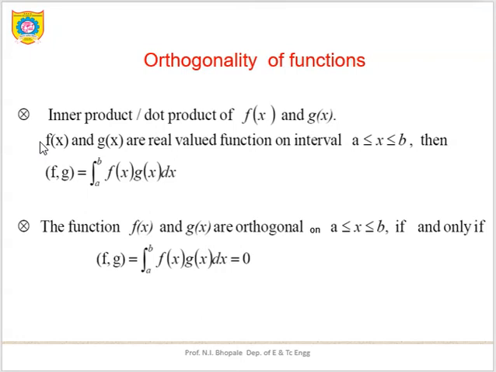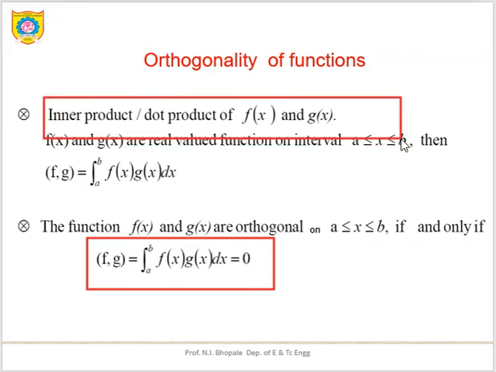When we say two functions f(x) and g(x) are orthogonal on the interval a to b, it is indicated with this expression: the integral from a to b of f(x) g(x) dx is equal to 0. So the integral will be 0, or their dot product will be 0. That is simply the extension of the inner product to this expression in terms of the integral.